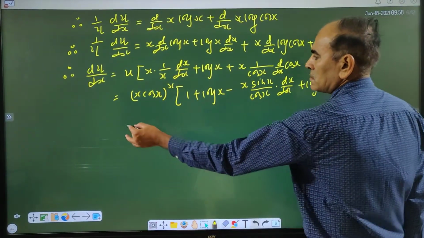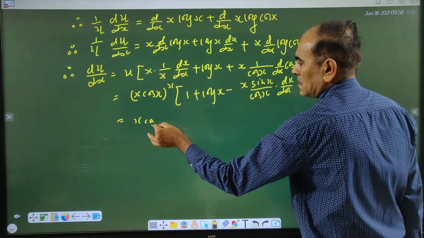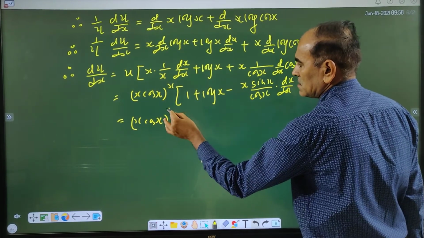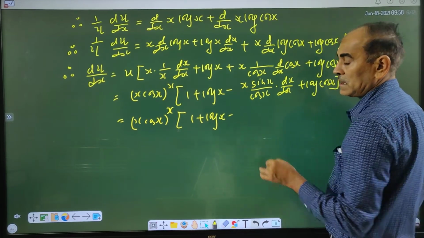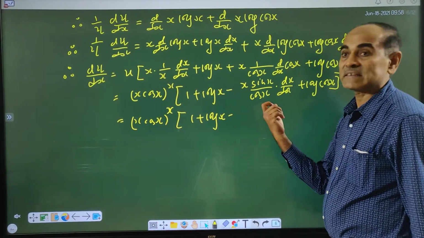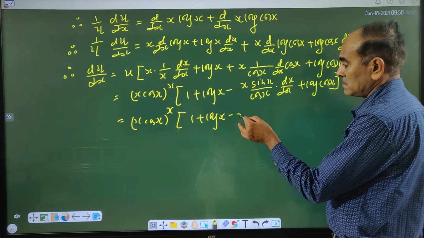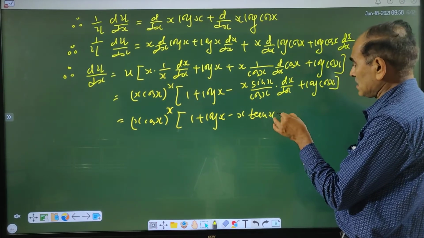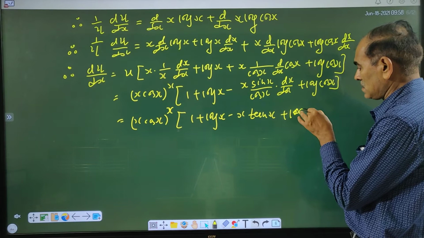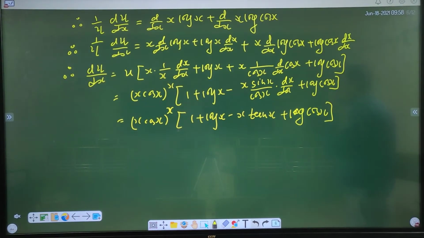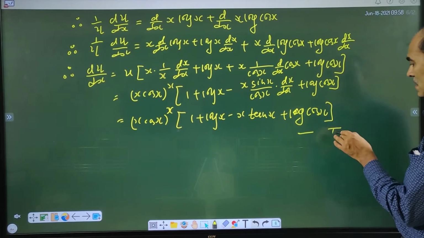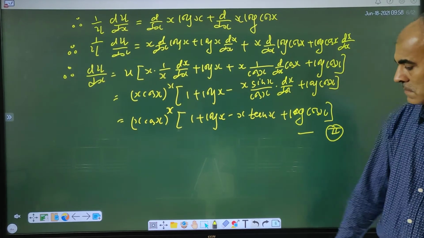So that is equal to x cos x raised to x, 1 plus log cos x minus x tan x. Agree with me? Yeah. Say result number 1.